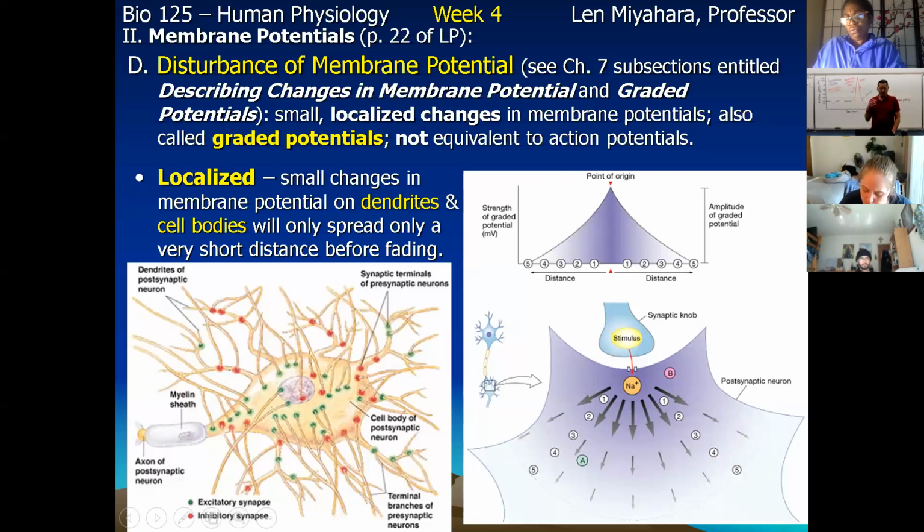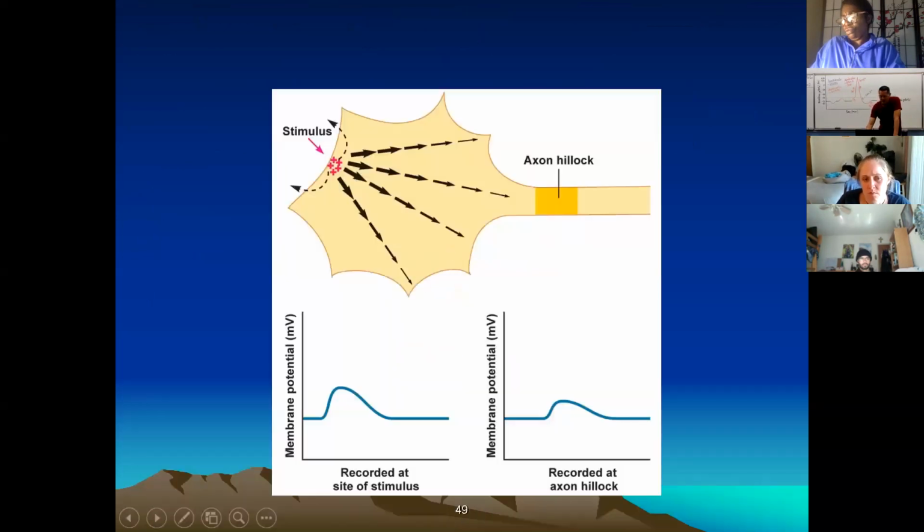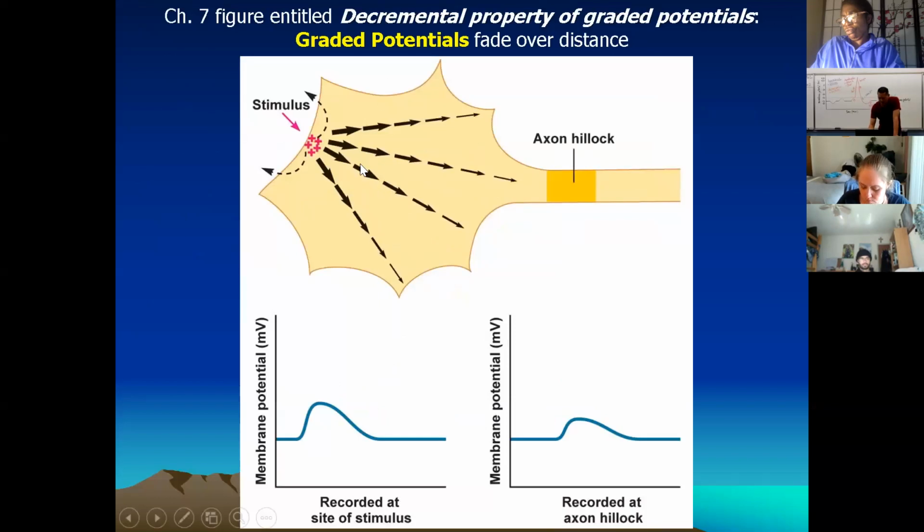Now again, we are going to be concentrating on multipolar neuron physiology. For multipolar neurons, the dendrites and the cell bodies are the input zones. This was on the very first slide. Hopefully you guys get that. The textbook shows these arrows getting smaller as it goes away. Now, this is really key, and this is why I drew this up on Monday.